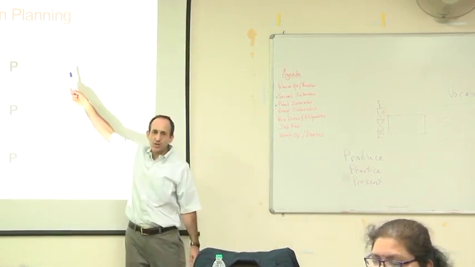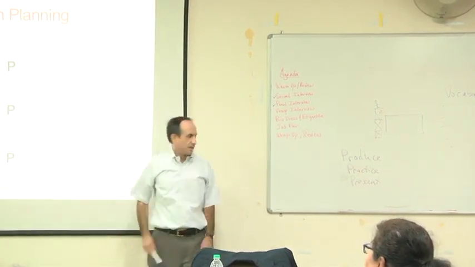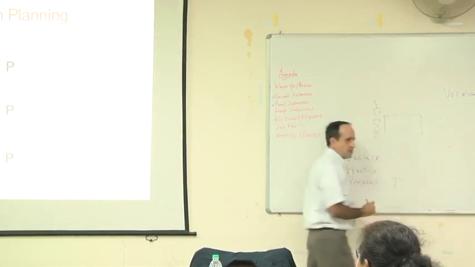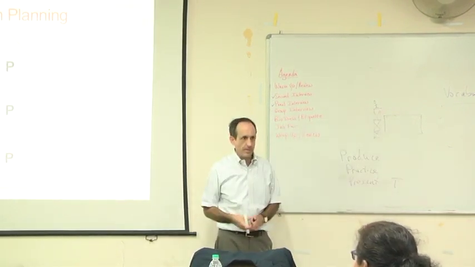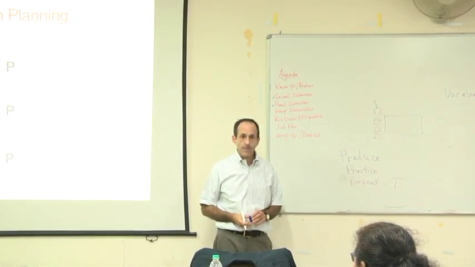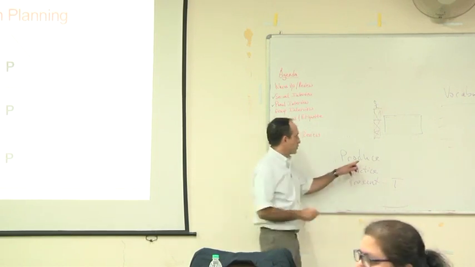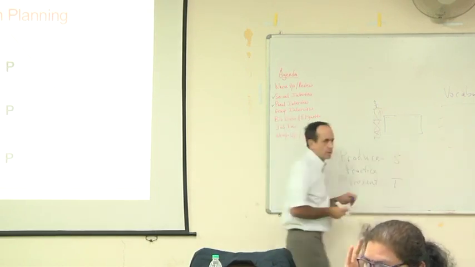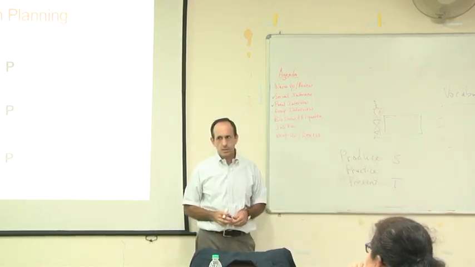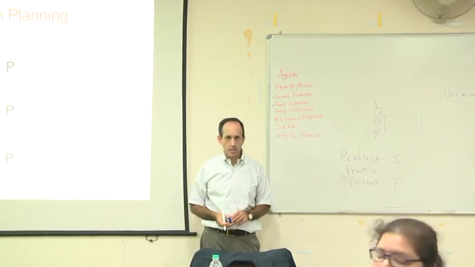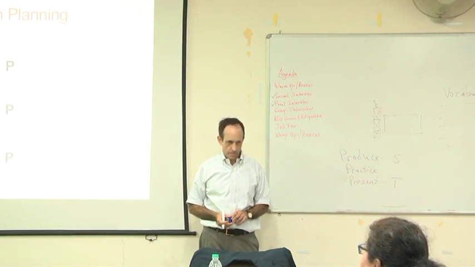Which should be the smallest P? I think present is the teacher. The teacher presents the information. Yeah, present. That's the presentation. The teacher. Produce is student. Which should be less, which should be more? Practice should be more.